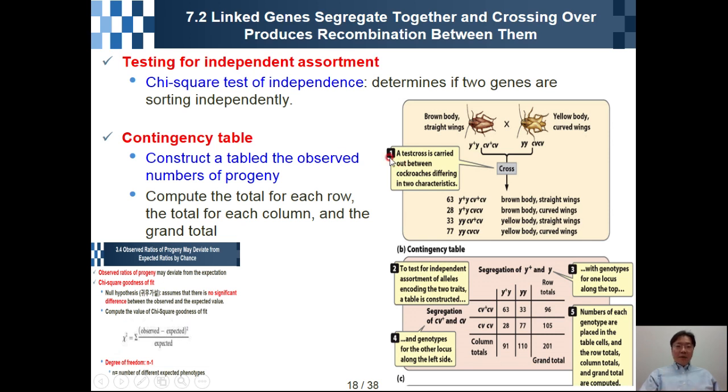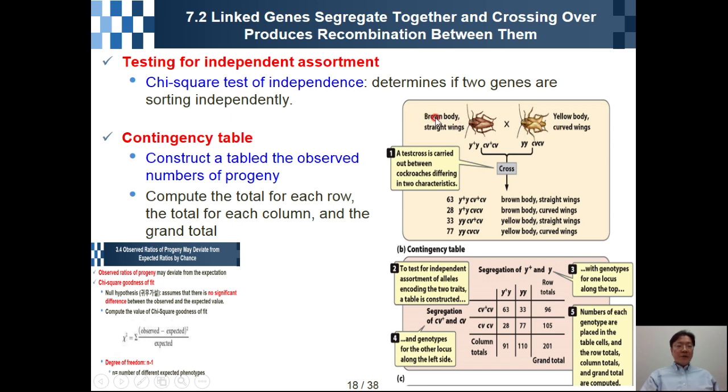This is also a test cross, and we will test for independent assortment. These are cockroaches. In Korean, we call them 바퀴벌레. This is the heterozygote: the body is brown and they have straight wings. The other is the recessive homozygote, small y y and small c b. This one has a yellow body and shows curved wings.